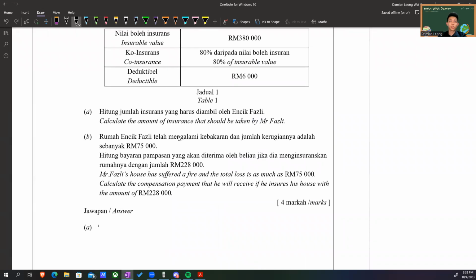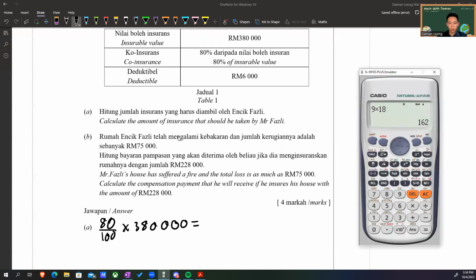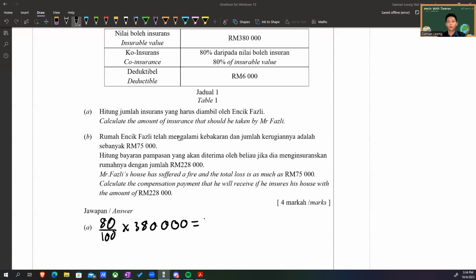The amount of insurance he should buy would be 80% because that's the co-insurance percentage. So I take 80 over 100 times 380,000, which is 304,000 ringgit. It means you should get 304,000 ringgit insurance.